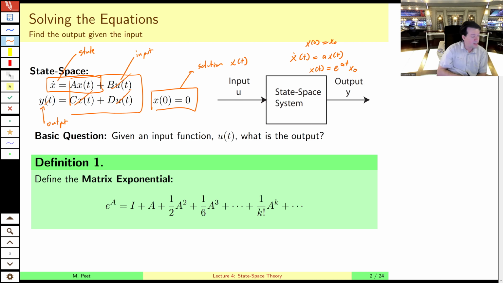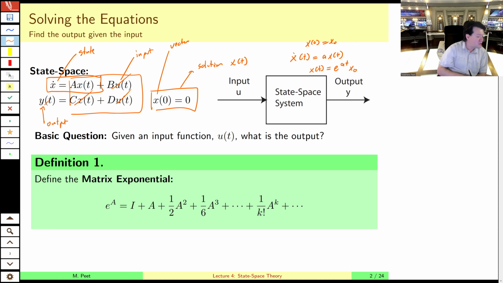Well, of course, it's not a scalar, because x is a vector, u is a vector, y is a vector. And so we have to be a little bit more rigorous, and things don't work quite as well for vectors as they do for scalars. And again, if you've taken 506 or are taking it now, the graduate level state space controls course, this should all seem very familiar to you.